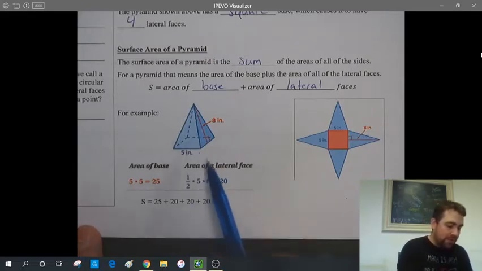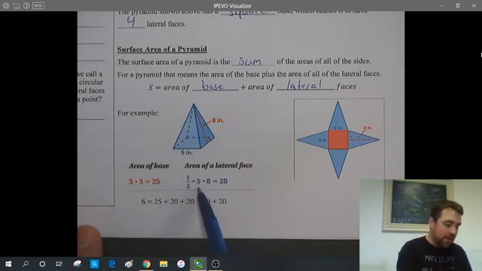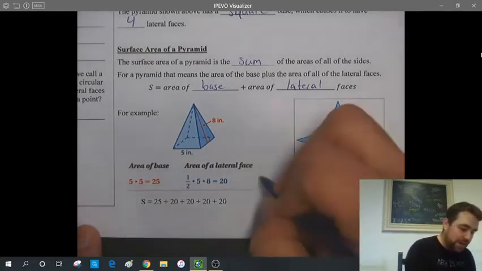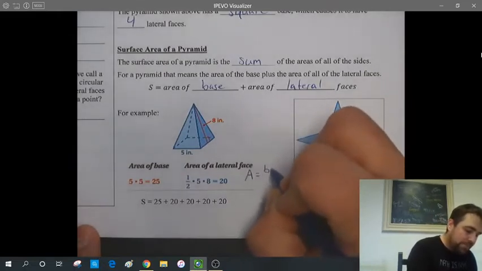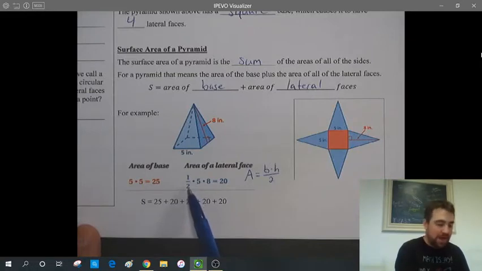Then we have our lateral faces, which are triangles, and so remember for triangles we have 1/2 times 5 times 8 here. The way that we usually write it, remember for finding area of a triangle, is base times height divided by 2. But remember, multiplying by 1/2 achieves the same thing as dividing by 2. So that's why these are still representing the same.